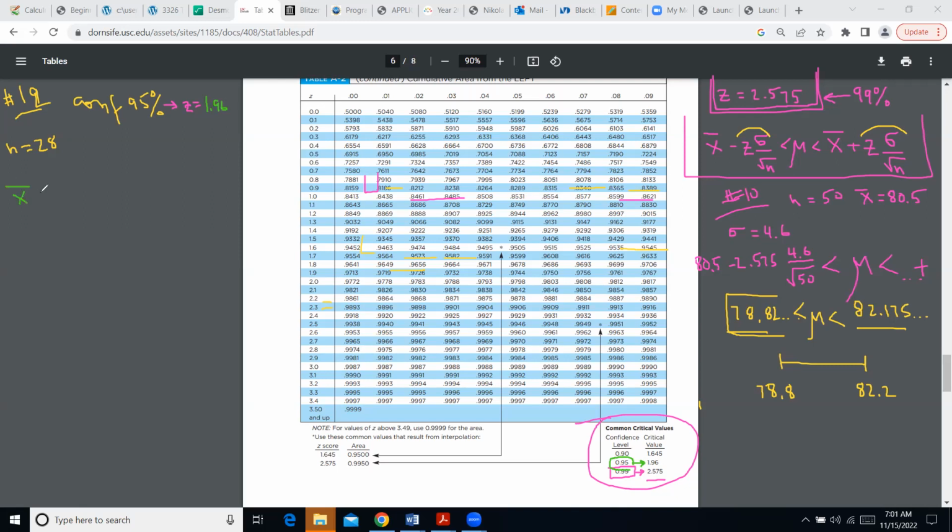And then here's my formula once again. So x bar minus z times sigma divided by square root of n, and then on the right side of this interval, there will be the same thing, but with a plus sign. So x bar plus z sigma over square root of n, and so forth.